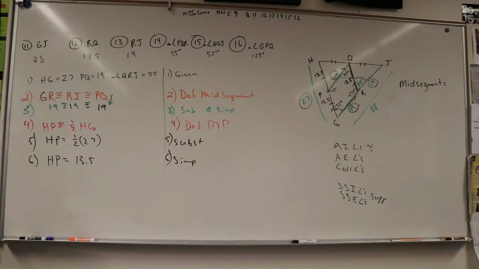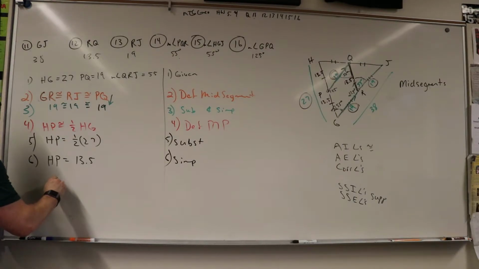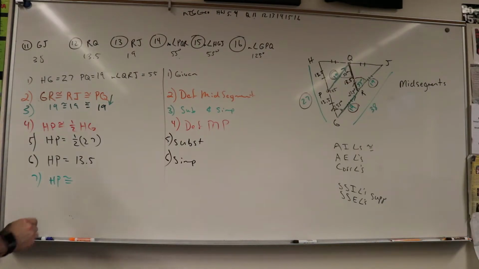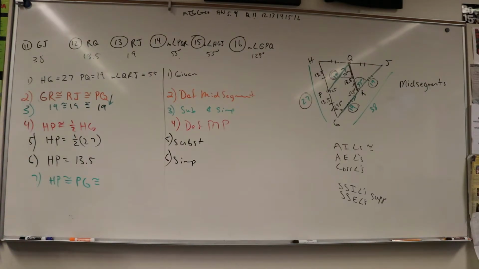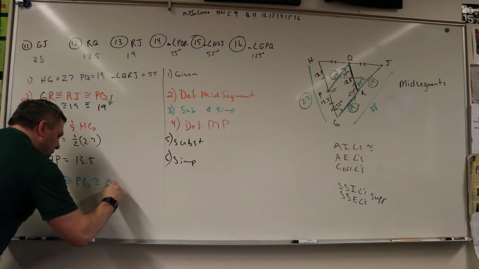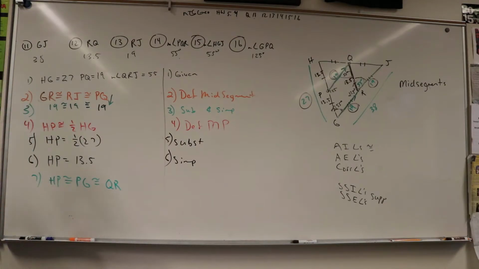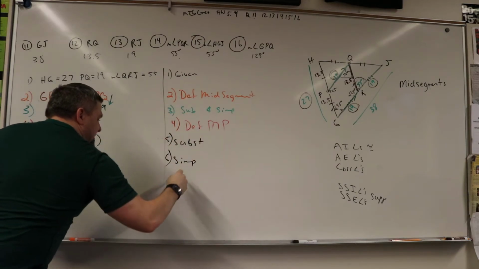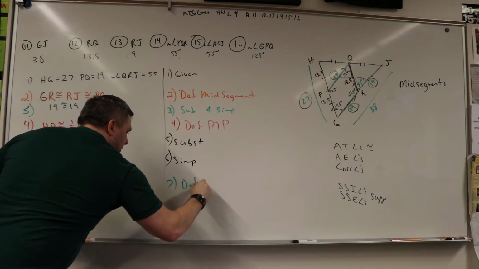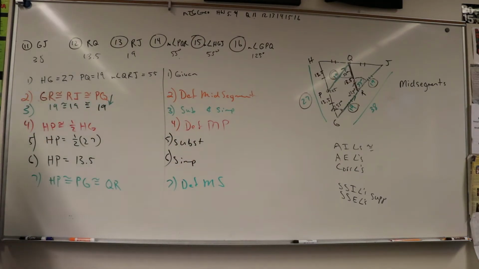Okay? And now I can just say that because of the mid-segment rule, that HP is congruent to PG, which is congruent to QR. Right? And that is that whole definition of a mid-segment. Okay? Now, I just plug it in.